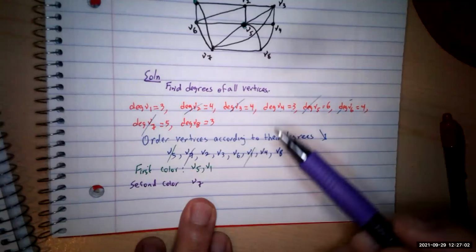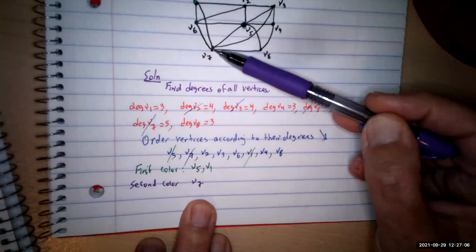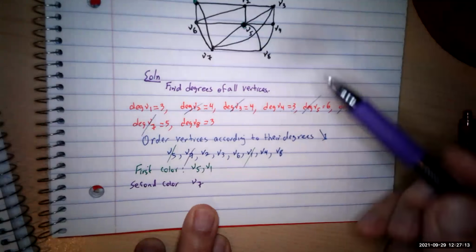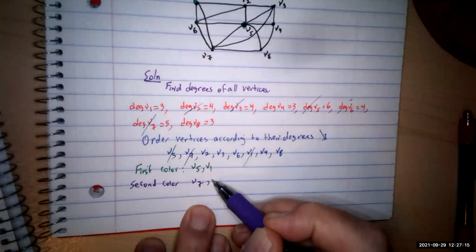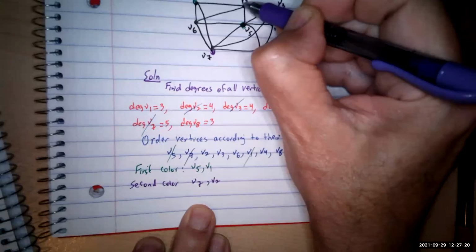You cannot use V5, but in fact, you can use the V2. V7 and V2 are not neighbors, so we can use the V2. So we already got the V7 and the V2.